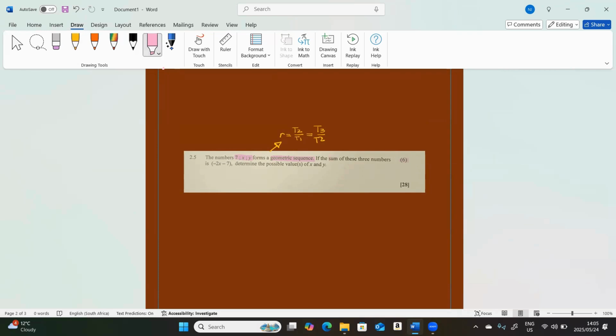They say the sum of these three numbers is minus 2x, minus 7. Determine the possible values of x and y. Okay, guys, now a lot of giveaways over here.